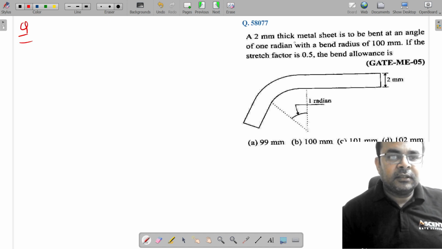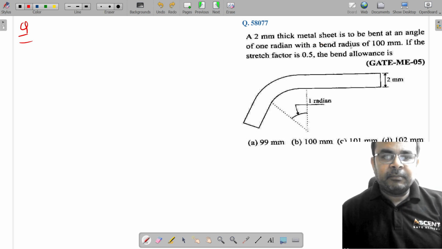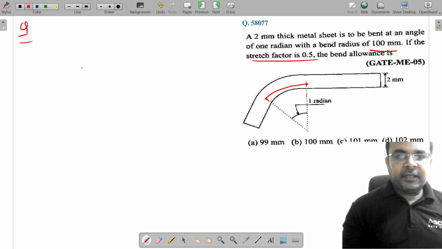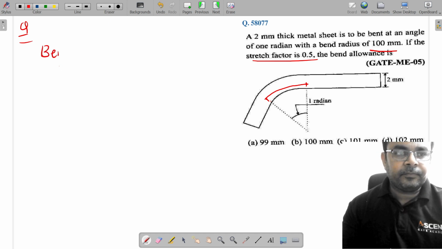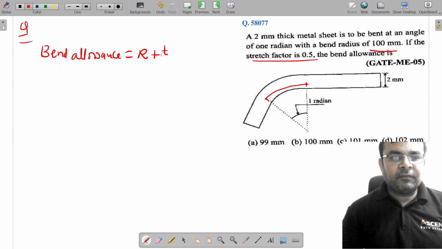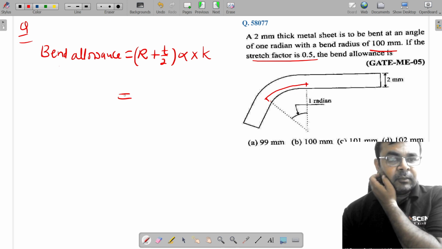So let's see this question. A 2 mm thick metal sheet is to be bent at an angle of 1 radian with a bend radius of 100 mm, if the stretch factor is 0.5. You can see the bend allowance is nothing but this length. The bend allowance is R plus half of the thickness, times alpha, into the stretch factor K. What about the radius of curvature?